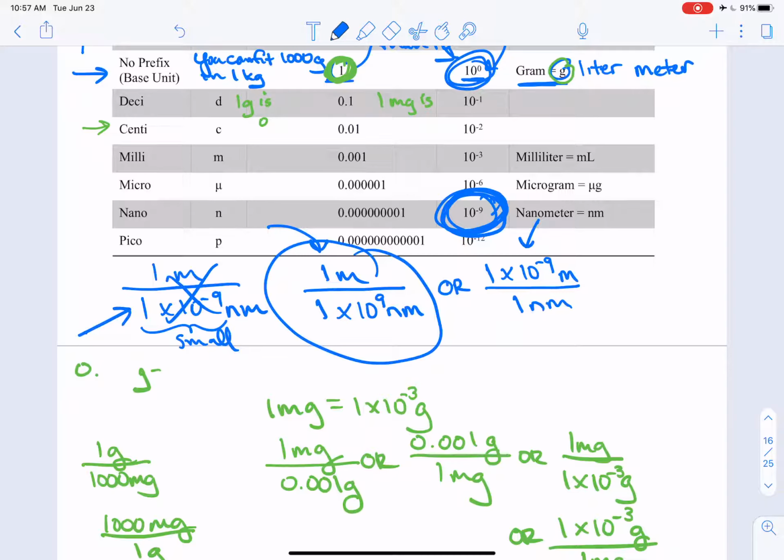Because it doesn't make sense that this huge thing, this big meter, is exactly equal to this tiny little portion of a nanometer. It makes more sense that in 1 meter, which is big, you can get a ton. 1 times 10 to the ninth is a very large number of nanometers. And we're going to go with this version because most of us like the positive versions. And this is just going to take practice. This is going to take working these problems over and over and over again, and you will get it, I promise.